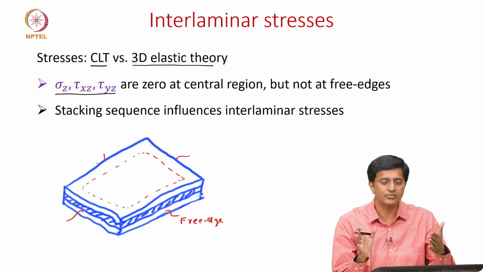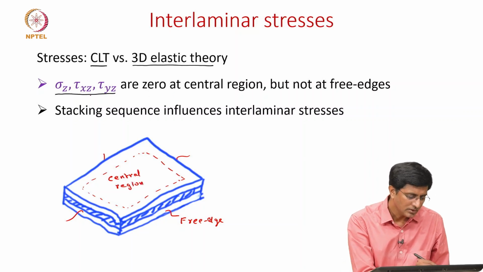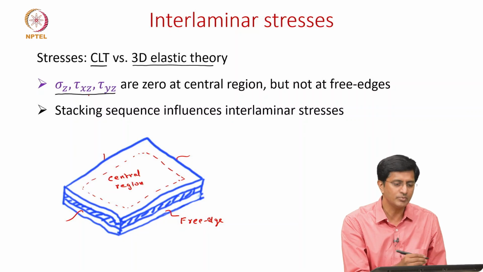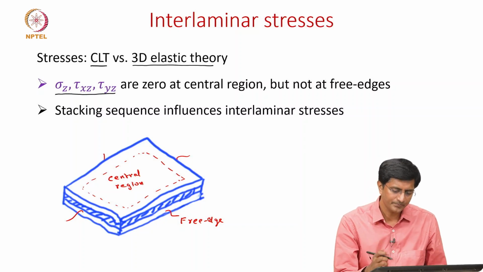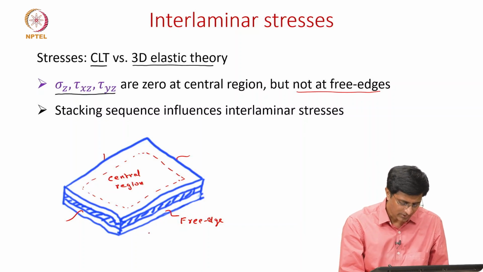So basically these are the free edges of the laminate, and this is the central region. In the central region, these out of plane stresses are 0, which means the classical laminate theory truly captures the 3D stresses, but not at the free edges. At the free edges, these stresses sigma z, tau xz, and tau yz, they exist.